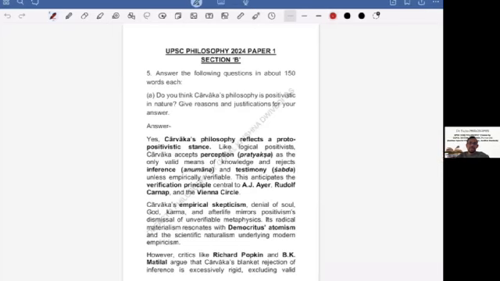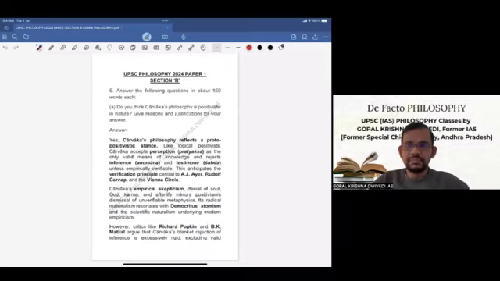Now we'll come and discuss the Indian philosophy part. We will take up last year's exam paper. Let us see what the questions were and what can be the ideal or model answer for that. As you know, the Indian philosophy part is in Part B of the exam paper, and the questions are from the fifth question to the eighth question.